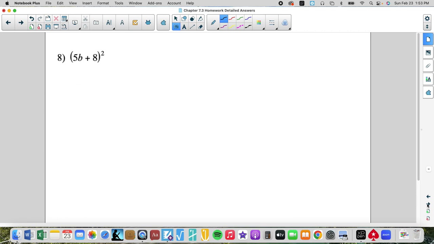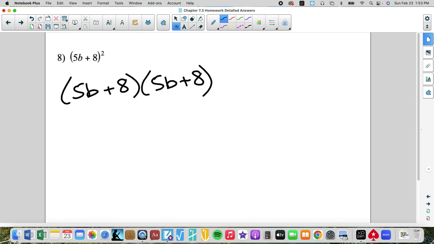Oh, here we go. We knew it was coming. All right, the coefficient of my first term now is not 1. It actually has a coefficient greater than 1, but that doesn't change anything. It's still 5b plus 8 times 5b plus 8. And this is very similar to the second half of 7.2 when we had coefficients to that first term.